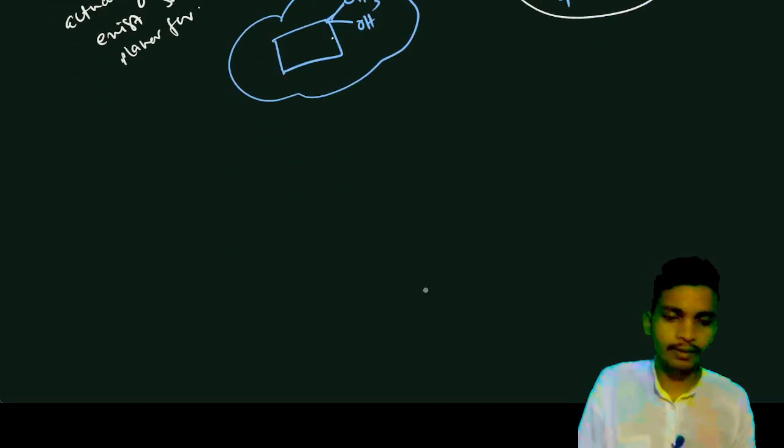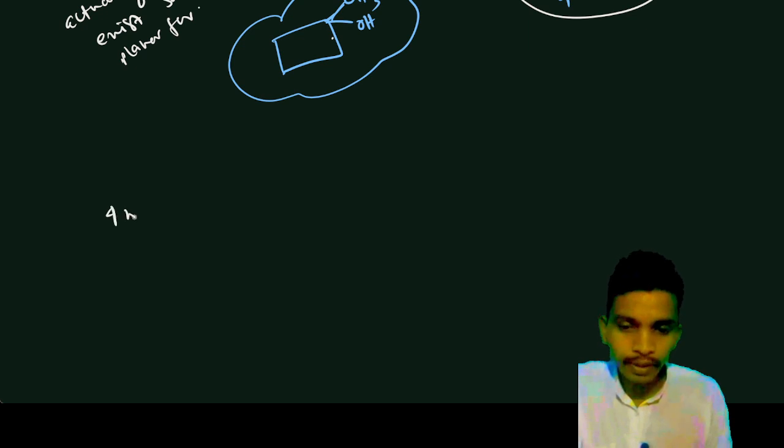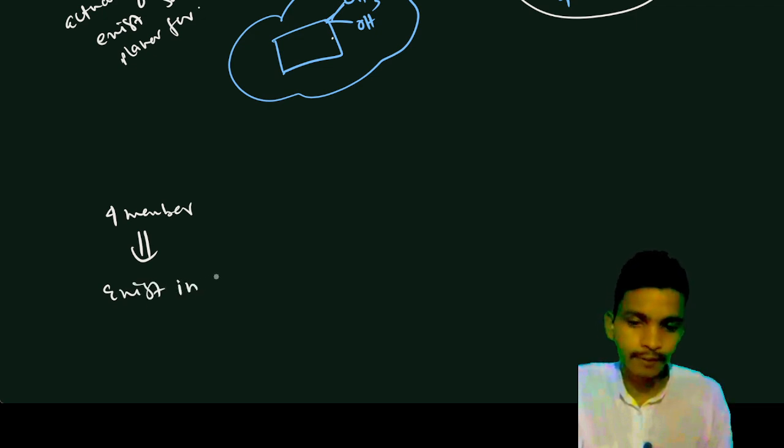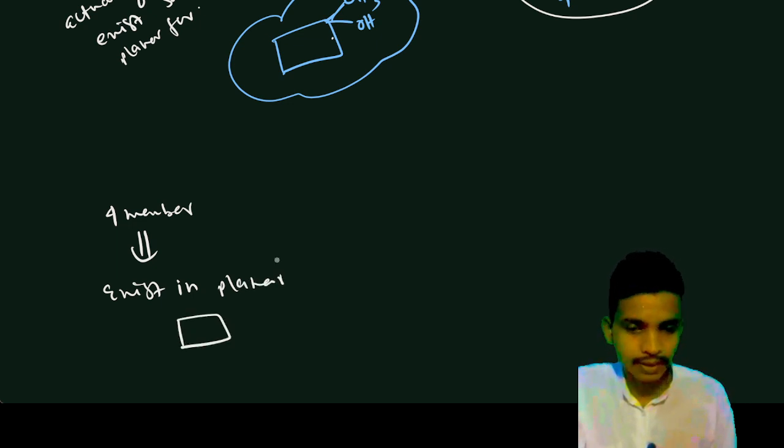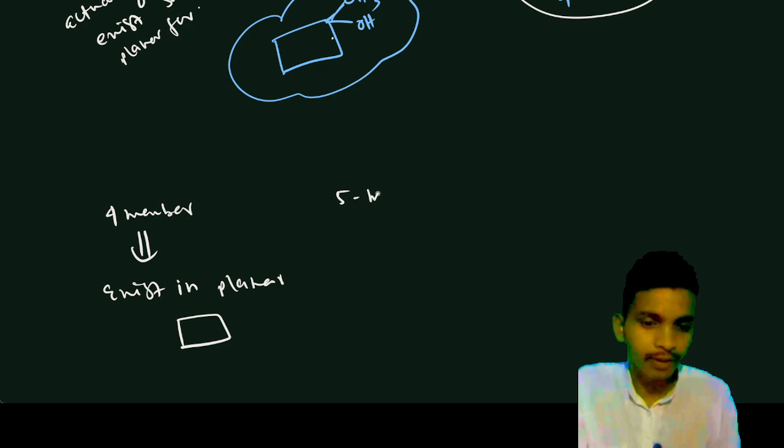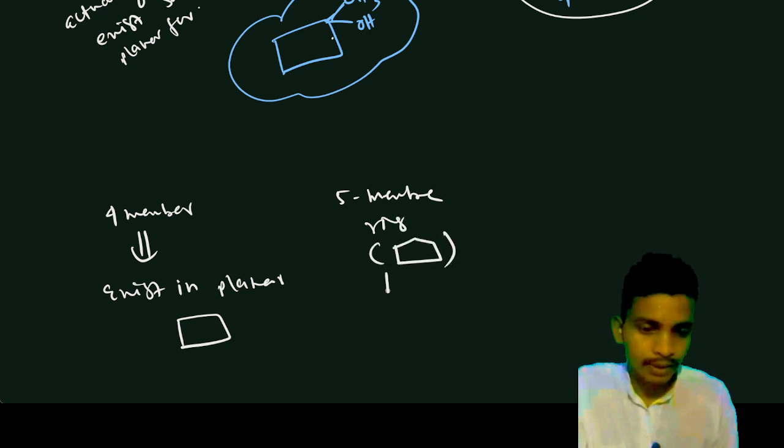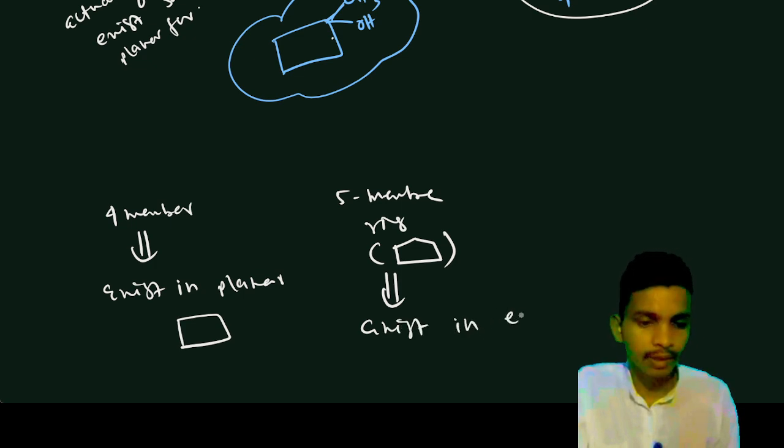Or I can write here, 4-member rings exist in planar. That means this. So this exists like this. But if it is a 5-member ring, that is this type of structure, but actually it exists in envelope form.